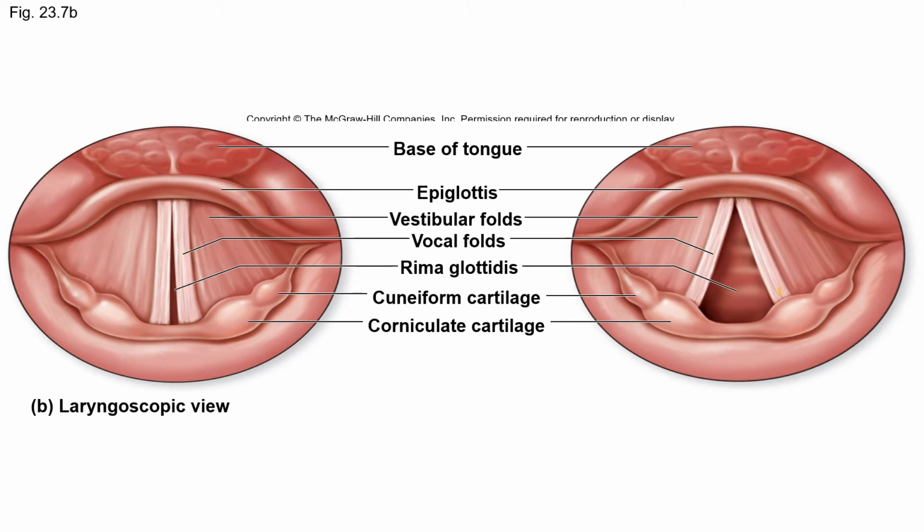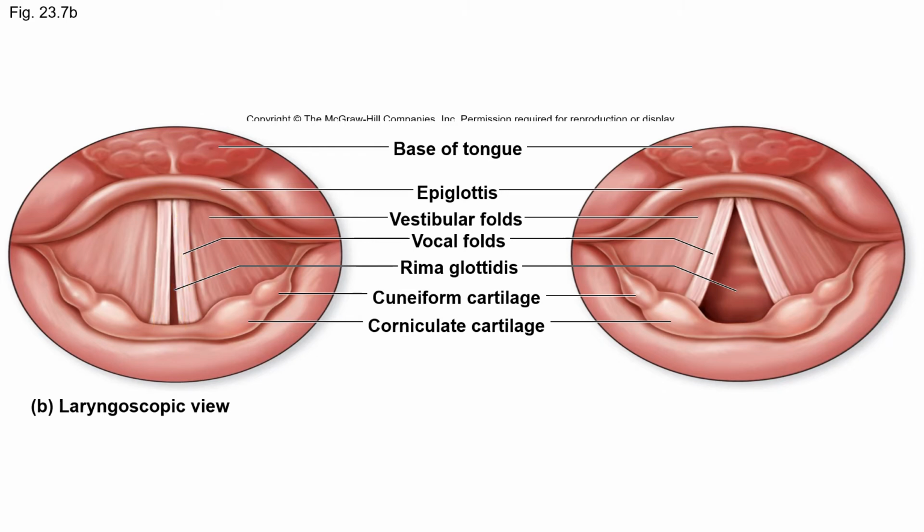You can also see that each of these has an adducted and an abducted position. Those extra cartilages that we saw on the previous slide, such as the arytenoids, help control the positioning of the vocal cords. When the vocal cords are close together like this, air is forced between them and they vibrate and you make noise.